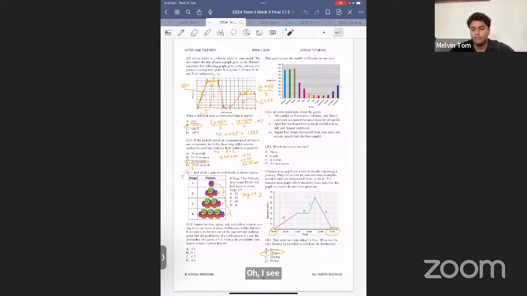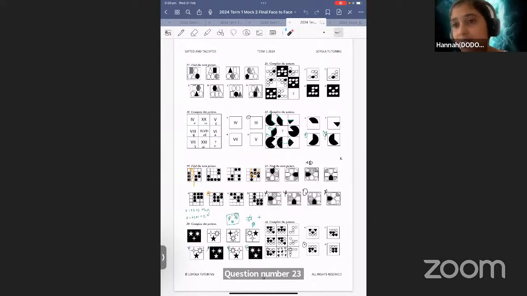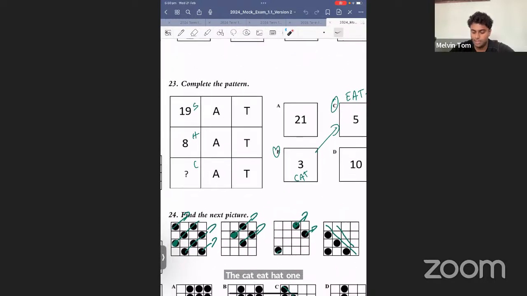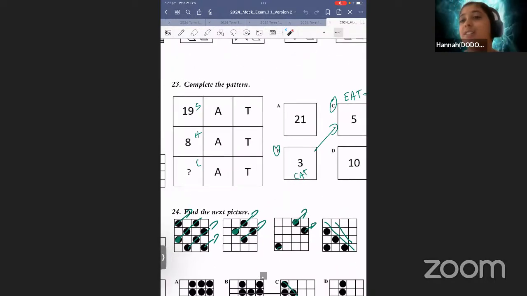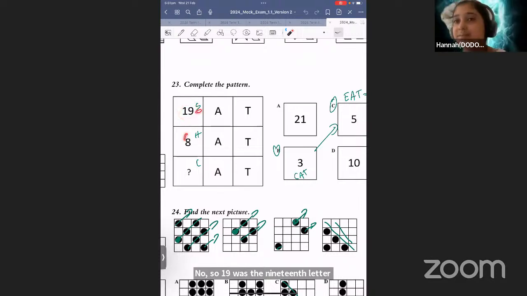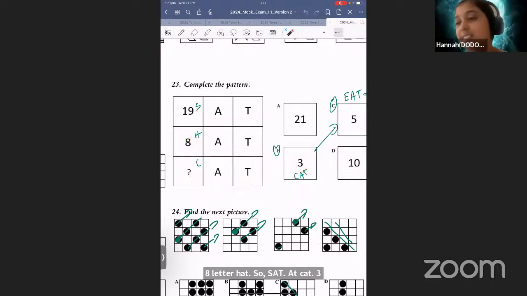Okay, question number 23, the cat eat hat one. Yeah, what about it? I don't really get how you got cat. Was the whole question about rhyming? No, so 19, what's the 19th letter? S. 8th letter, H. So sat, hat, cat, 3. See, like that. Okay.